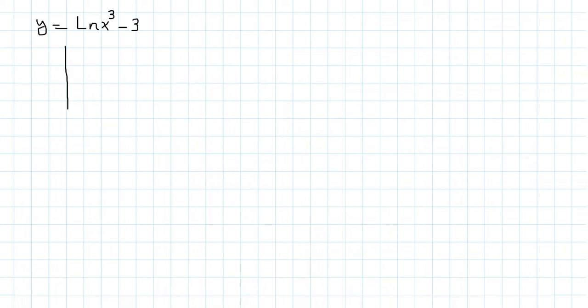So let's find some points, x and y. If x is 1, y is minus 3. If x is 2, y is minus 0.921. If x is 3, y is 0.3. Let's draw it.